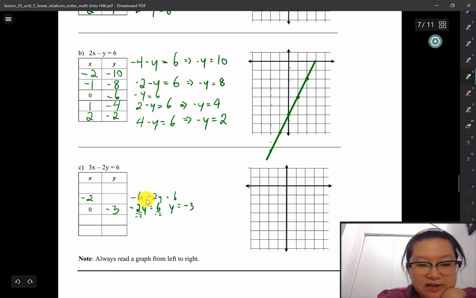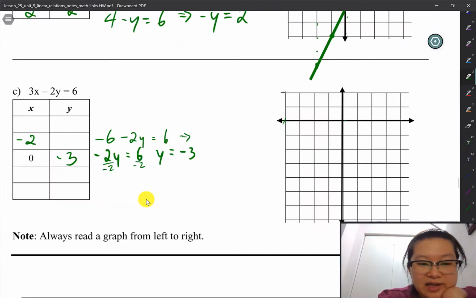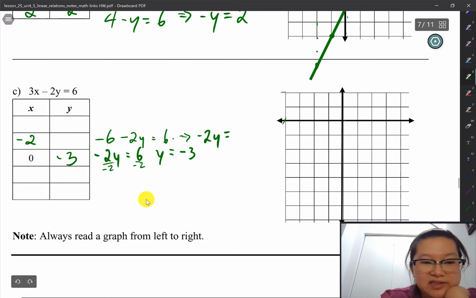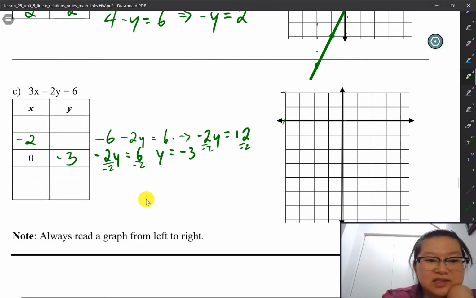Okay, I'm going to move negative 6 over, and I'm going to zoom in. Okay, negative 6 moving over, that's going to be negative 2y is equal to 6 plus 6, which is 12. Okay, so then divide both sides by negative 2. I get y is equal to negative 6.